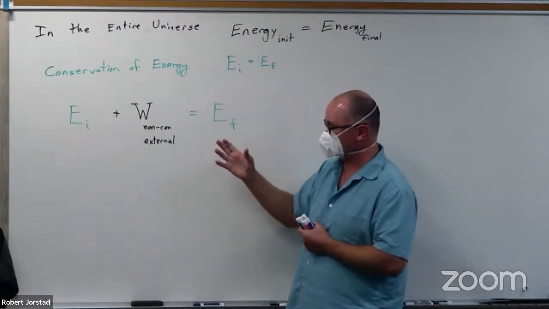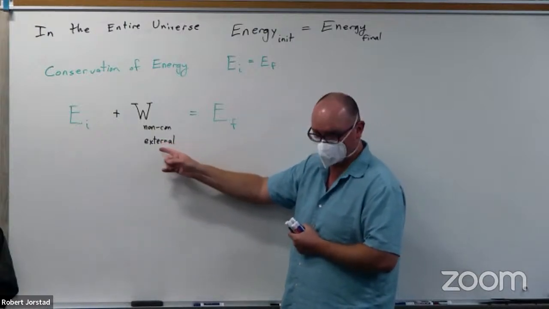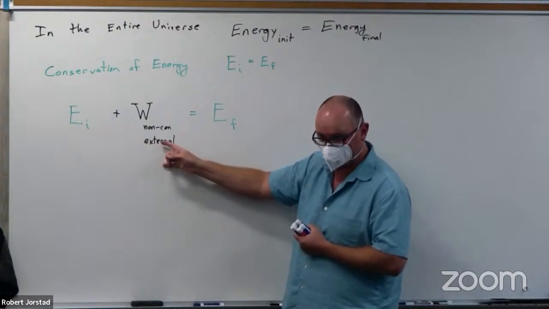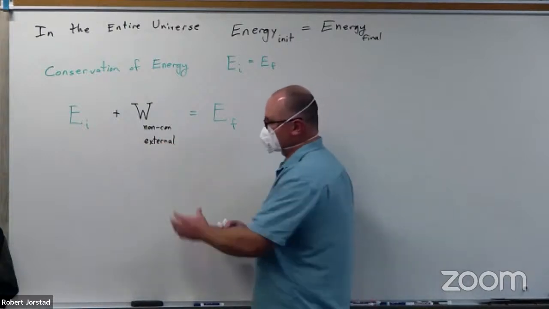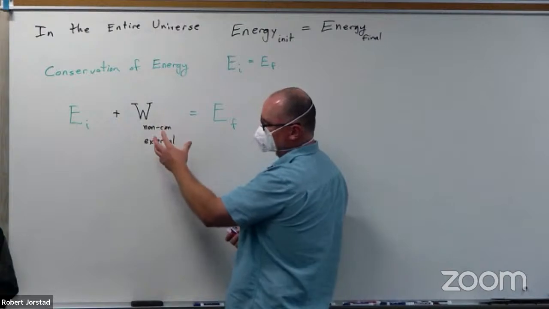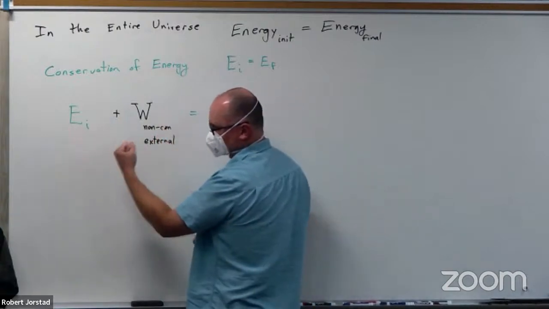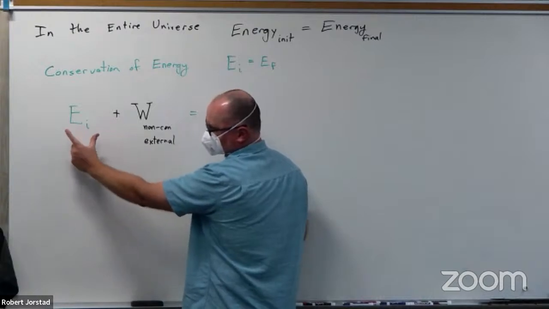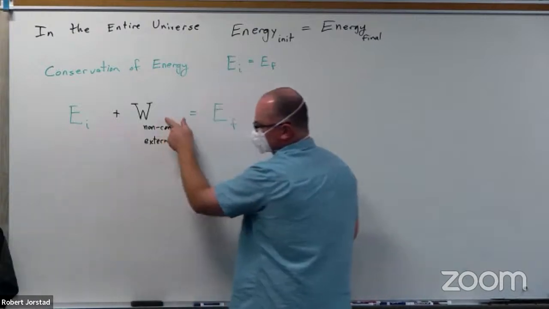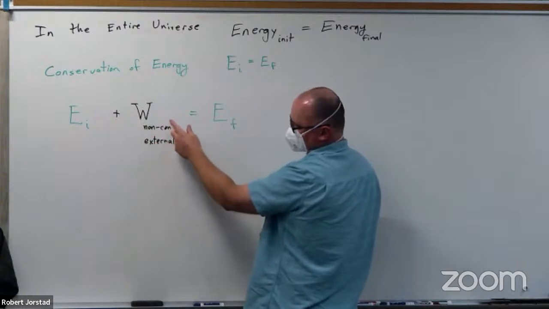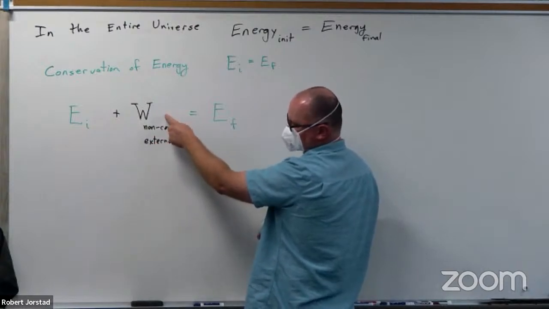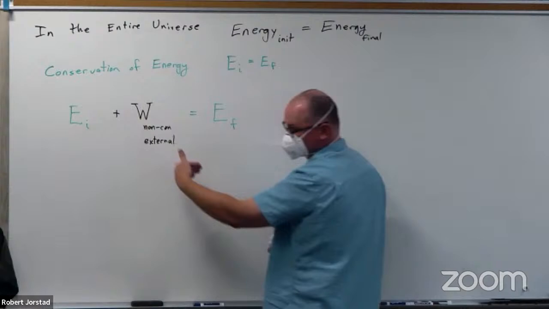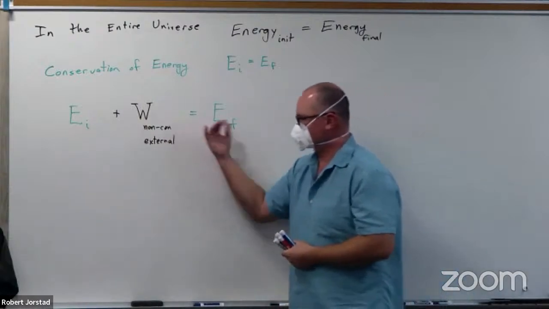And that's because there are things beyond our control, bills or paychecks, right? Energy is like your balance in your bank account. You have your savings account, your checking account, you add them together, that's your total energy, right? And then you could have debits or credits. You could have energy coming in or energy leaving the system. And then you end up with some final amount of energy.